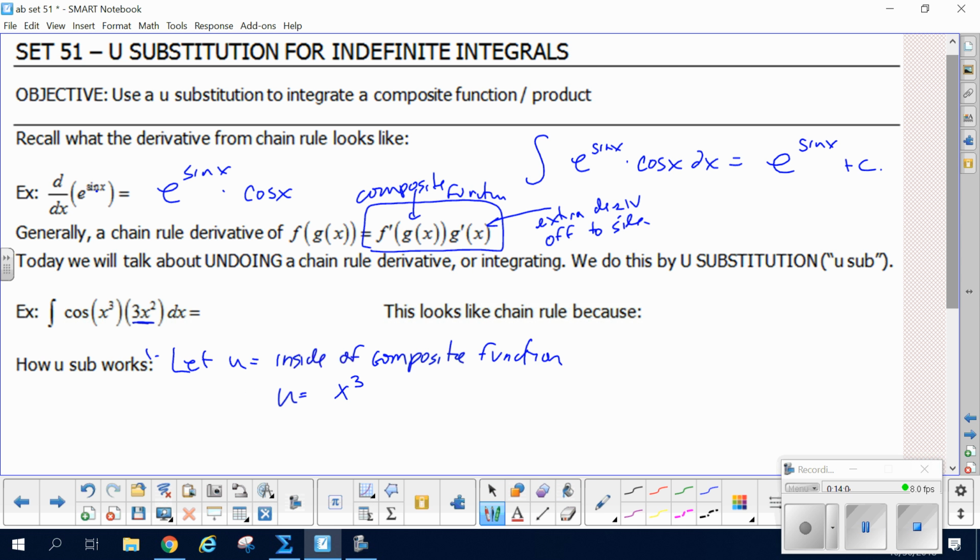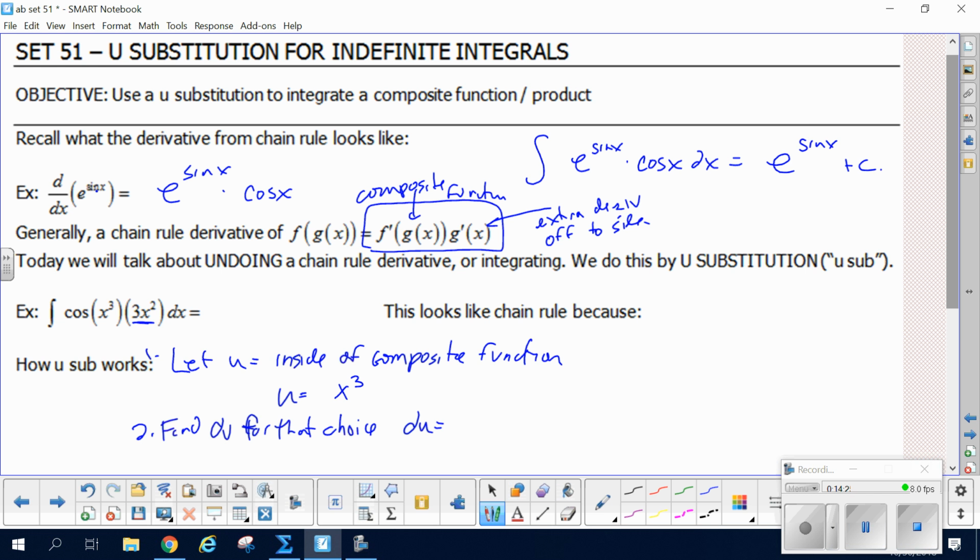After that, you find the du for that choice. Now, that basically means if that was the original inside, then when they chain ruled it, they must have taken the derivative of that inside. Well, what is du?